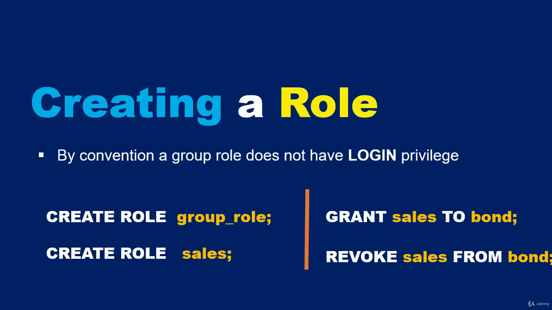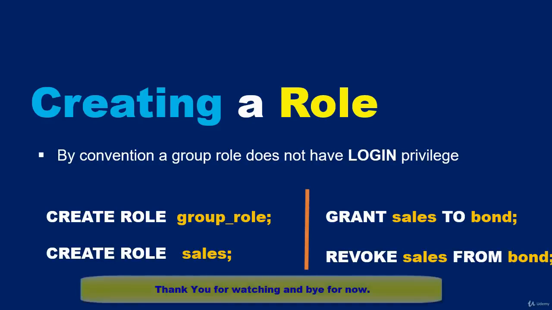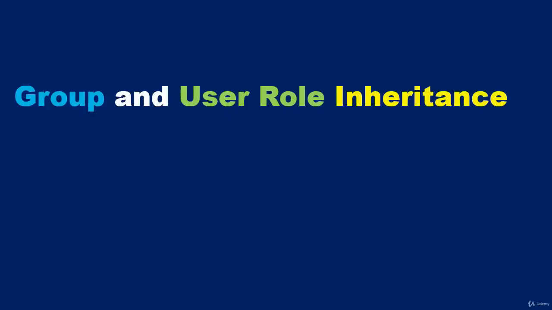You can also revoke the role privileges by just typing in revoke sales from a specific user. Notice that PostgreSQL does not allow you to have circular membership loops in which a role is the member of another role and vice versa.